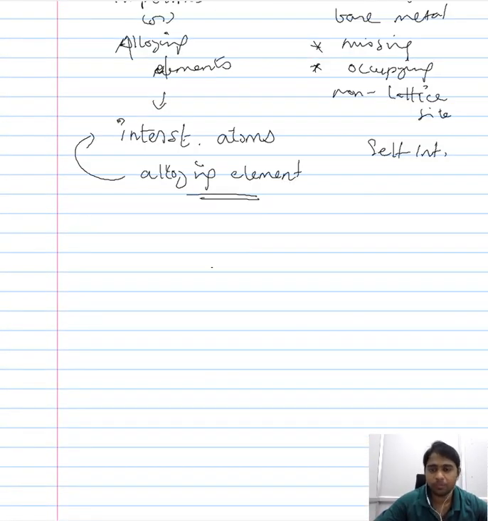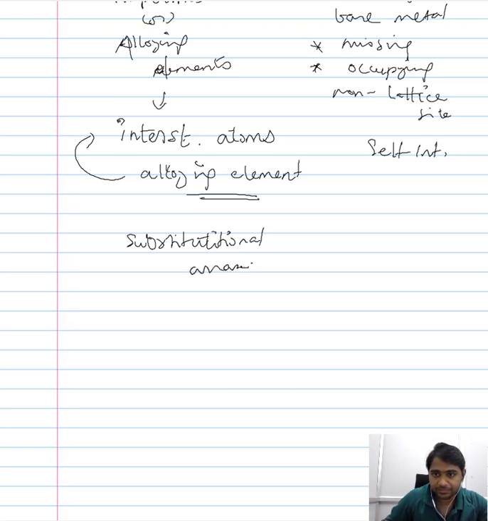Now, it is also possible that the size of the alloying element can be comparable to that of the size of the base metal. So the atoms can also occupy the regular lattice position, and those atoms will be in a substitutional arrangement. So in the substitutional arrangement, we have an alloying element.